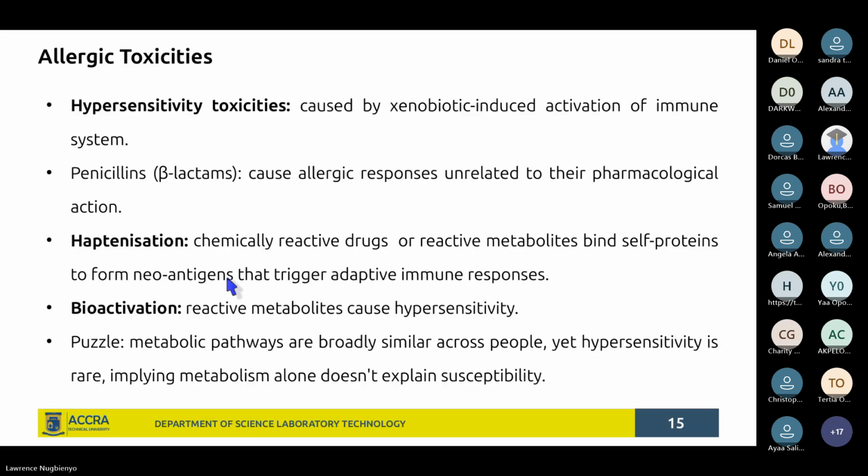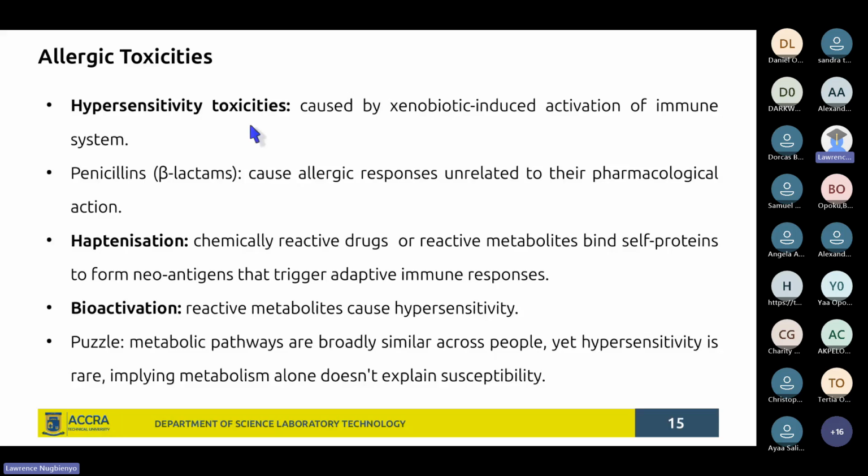In the system, you have the organism's own antigens that will trigger some immune responses. But now you have these metabolites that bind to some self-proteins, and they act as other forms of antigens that now trigger some kind of adaptive immune responses, like some autoimmune responses. And such then results in a hypersensitivity to the substances.